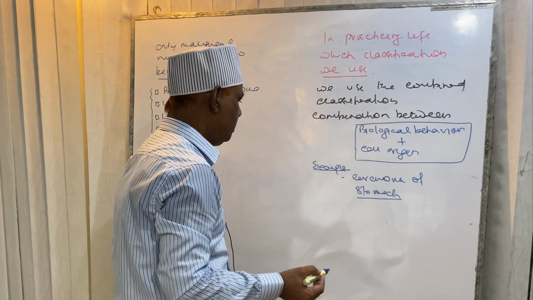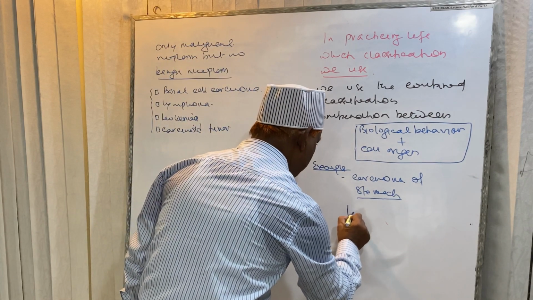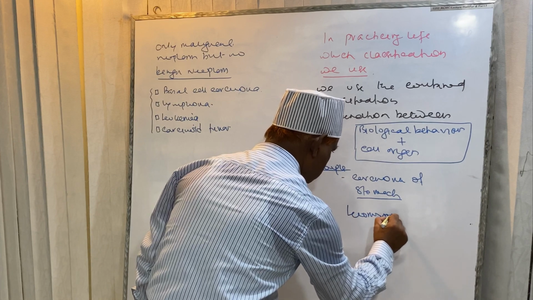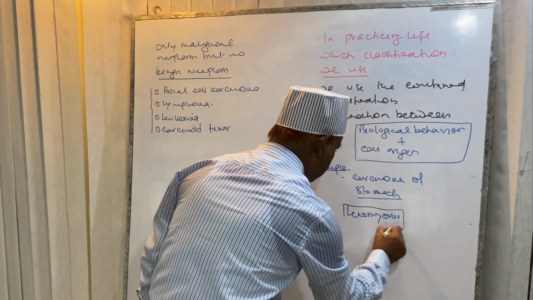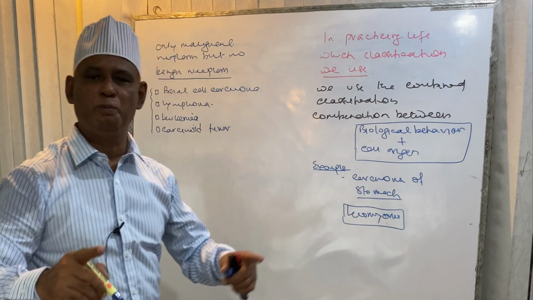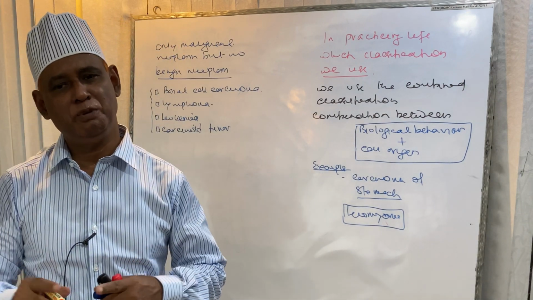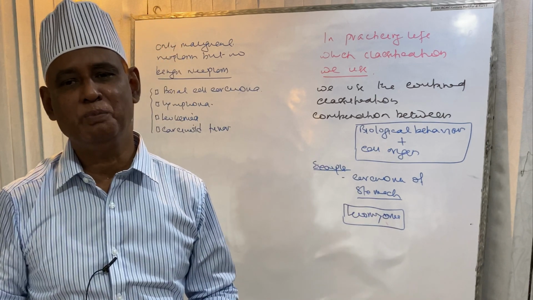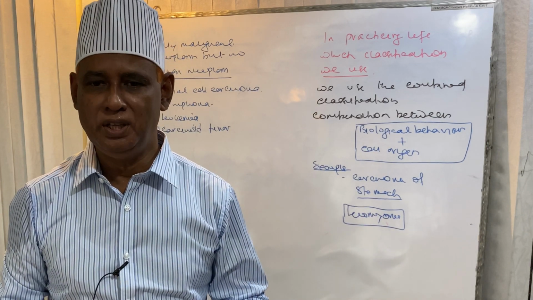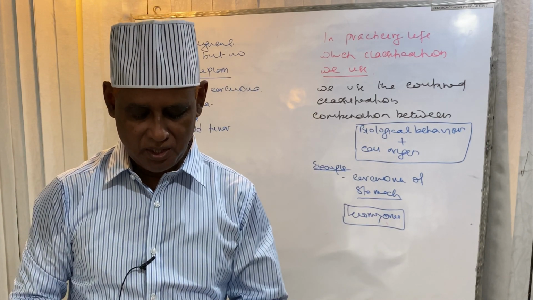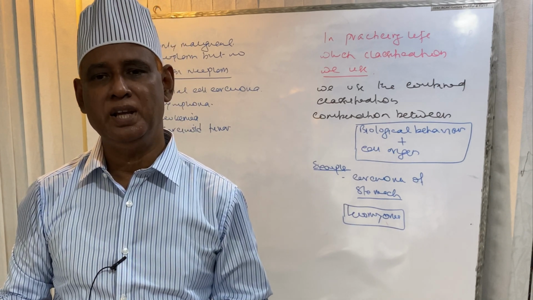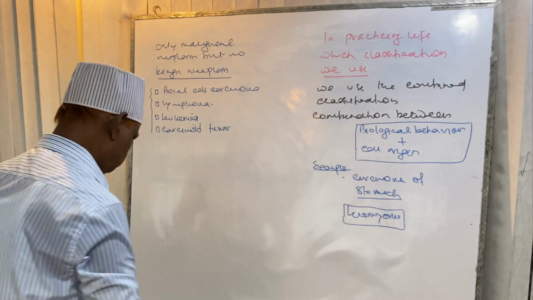If we say anybody is suffering from leiomyoma, leiomyoma is a benign neoplasm. So, on the basis of biological behavior, it is benign, and on the basis of cell origin, it arises from the smooth muscle. So, we use the combined classification in practicing life, combination between biological behavior and cell origin.